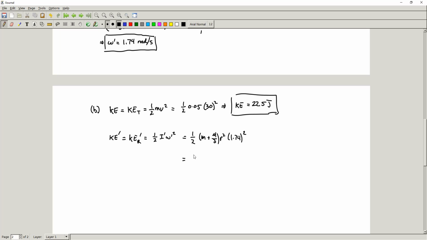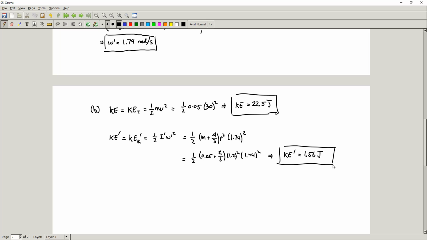We're going to have 1/2 times (0.05 plus 2 over 3), times 1.2 squared, times 1.74 squared. If you put that into a calculator, you will find that the kinetic energy final is equal to 1.56 joules. Okay, so that's our final kinetic energy.